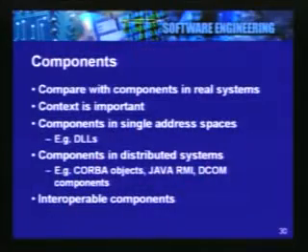For example, components in a single address space within a process are dynamically linked libraries. When the process is executing, you can change the DLL and then read it in. So a DLL is a component in a single address space. Or if you talk of components in distributed systems, then you could have examples in Corba, Java RMI, DCOM, and so on. Then your context might need that your entities must be components in an interoperable system.